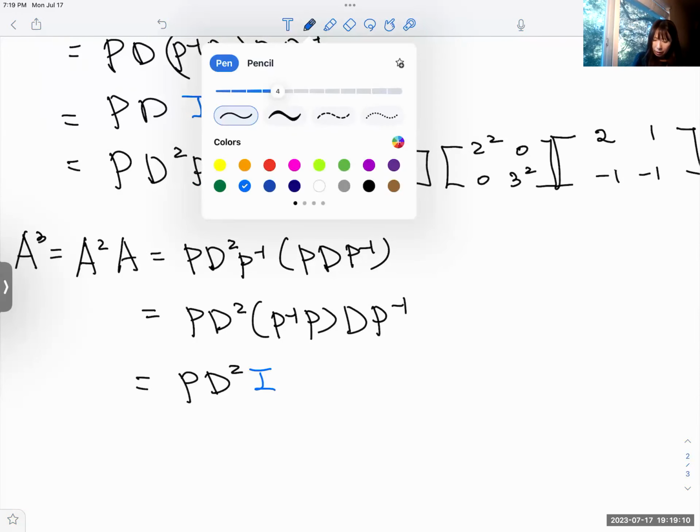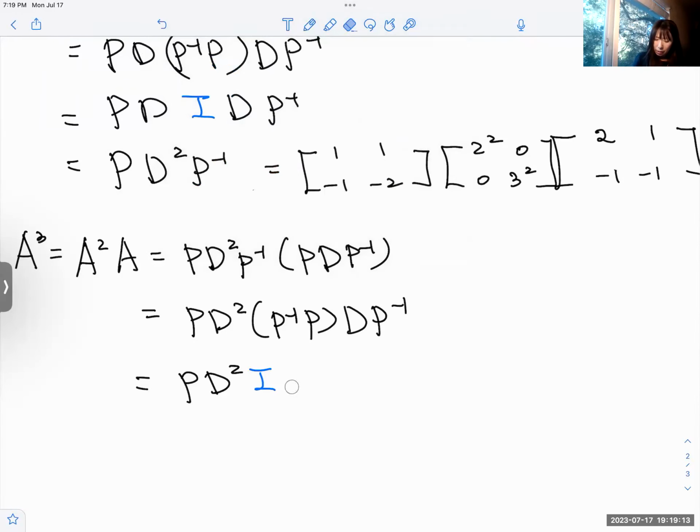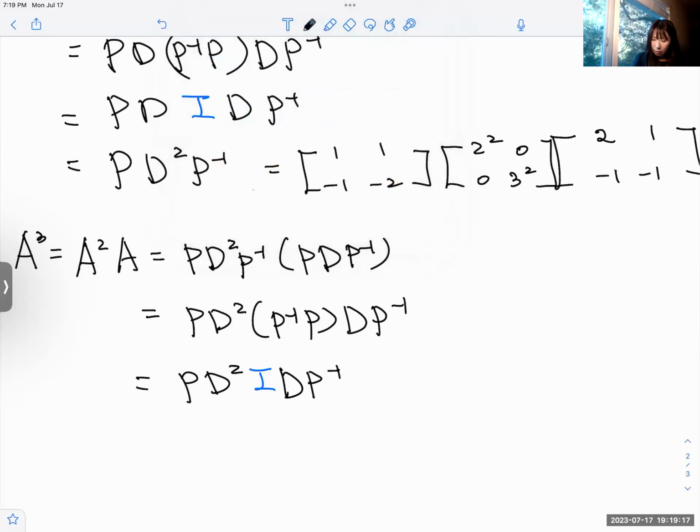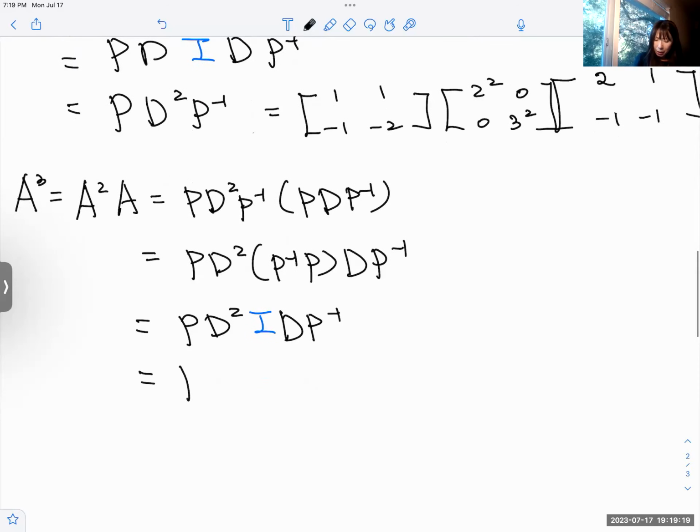And we get matrix D and inverse of P, so we get P D cubed inverse of P, right?